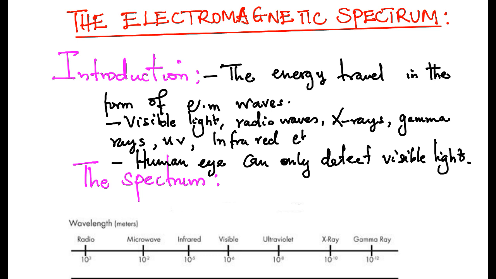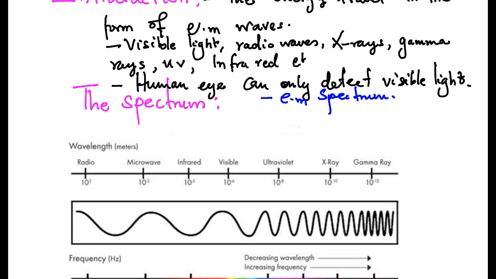So when these waves are arranged in the order of their frequencies and wavelengths, they form what we call the electromagnetic spectrum. So we have a figure here where the spectrum has been formed.